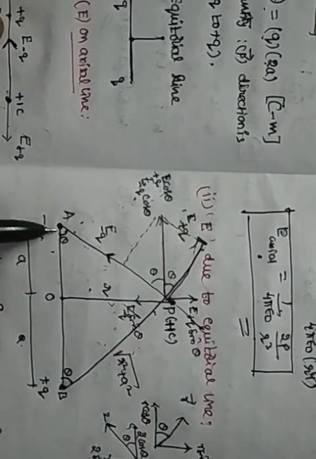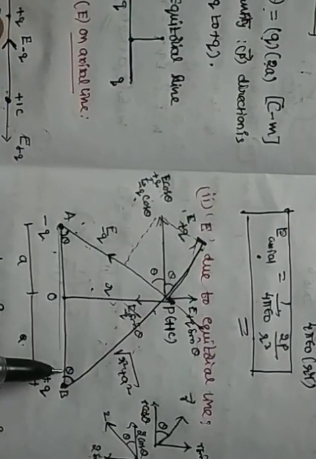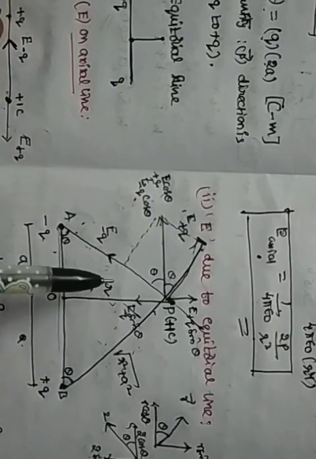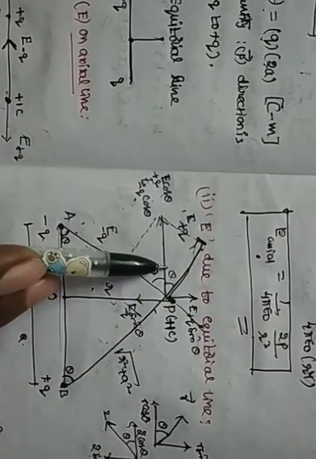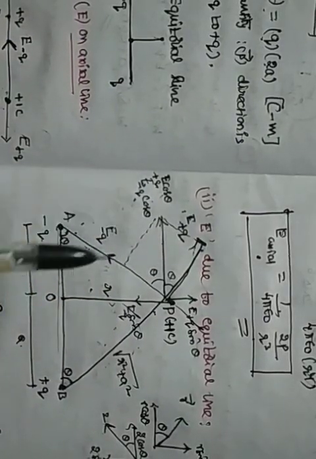But in the case of the equatorial line, the dipole moment direction is from minus q to plus q, but the field intensity direction is from plus q to minus q. That means the angle between E and P is 180 degrees in the equatorial line. So now come to this point.